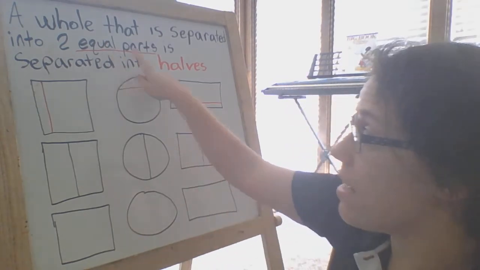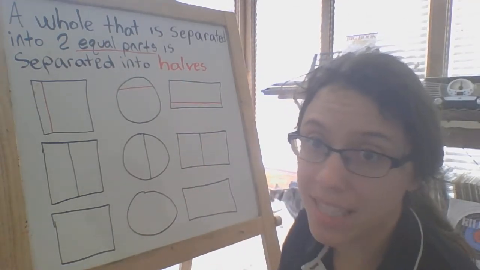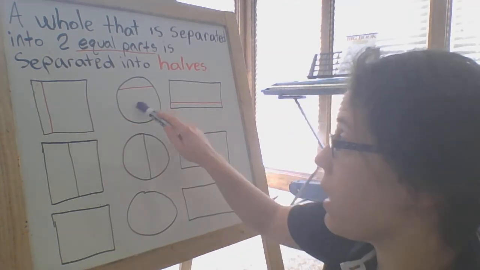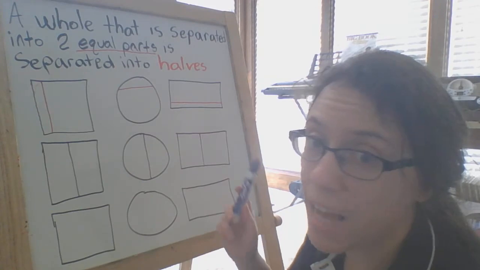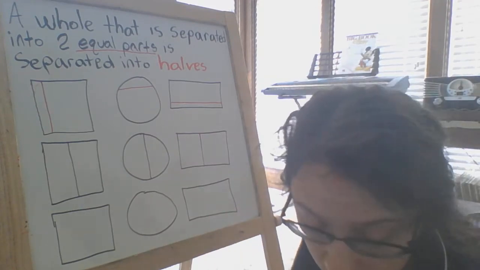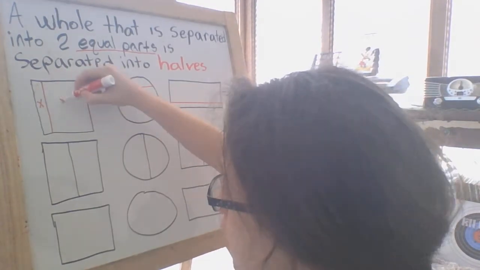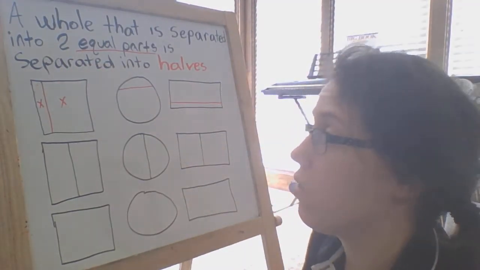Now, I underline this because it's super, super important. That's equal parts. So I have these three examples right here. These would not be considered halves because this part and this part is not equal.